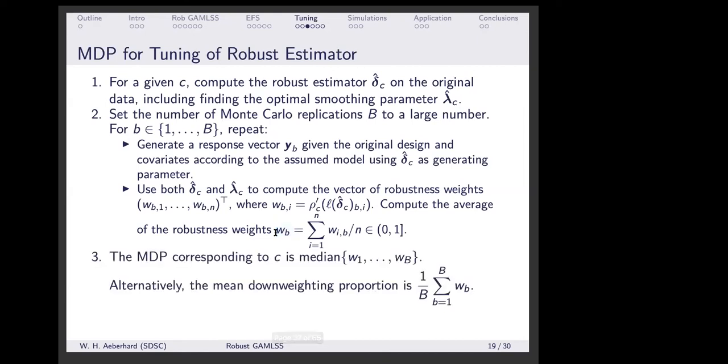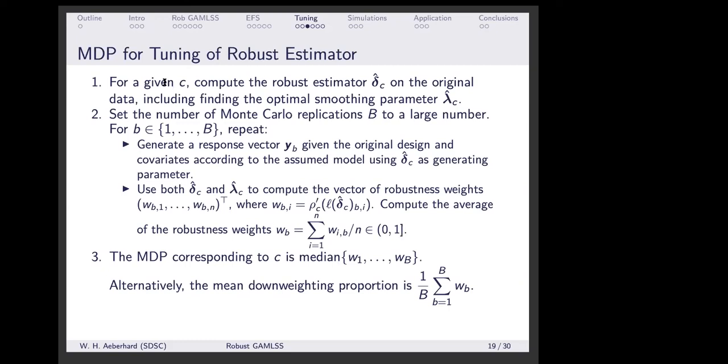Here we recommend to take a median across the capital B Monte Carlo samples, and hence the name median downweighting proportion. You can, of course, compute a mean also, but I would say if the model is fairly complex, you could have a few data sets that were generated at the model that behave a bit more erratically than others. So it's probable that taking a median is a bit safer, just from a numerical stability point of view.